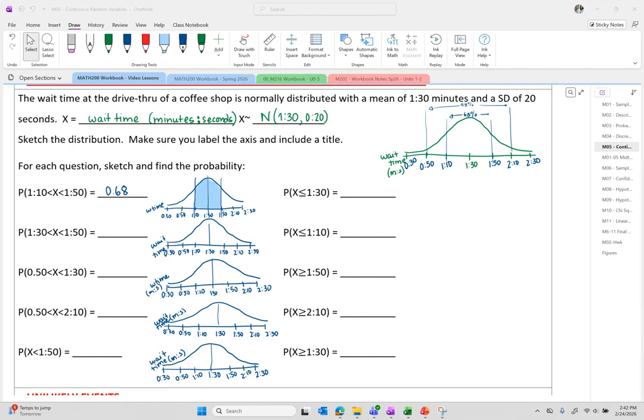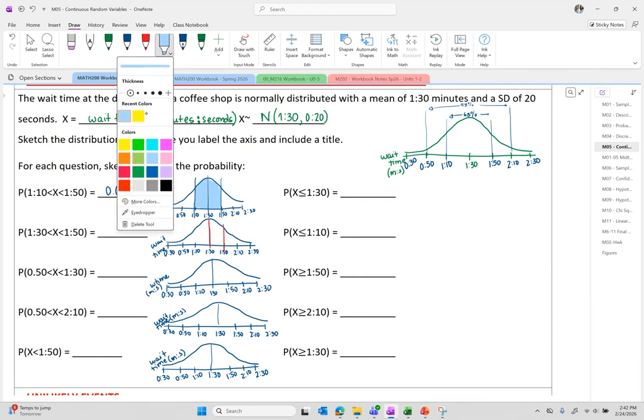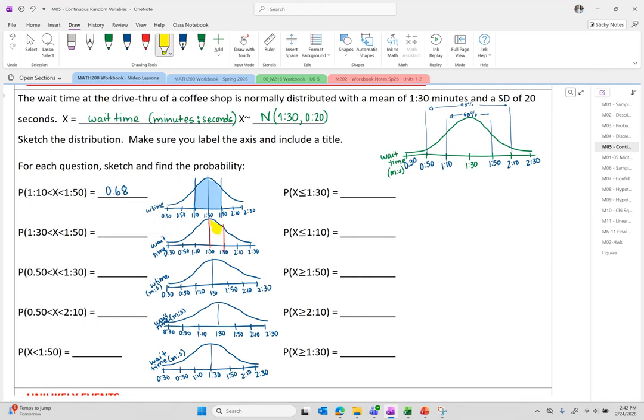From between 130 and 150, that will be from the mean to 1 standard deviation above the mean. This distance is half of the quantity from -1 standard deviation to +1 standard deviation, and half of 68 will be 34%.